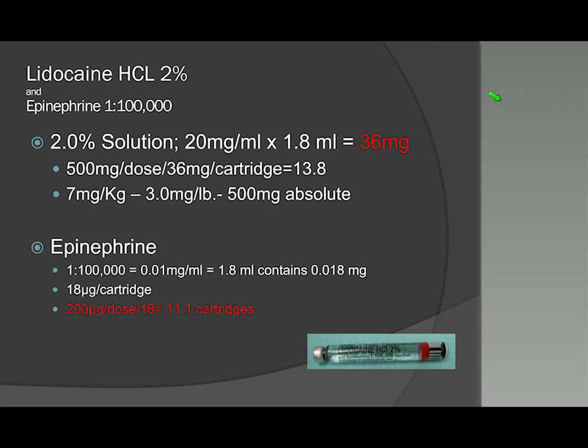And then you look at the maximum recommended dose of 500 milligrams per dose, and if you've got 36 milligrams in the cartridge, 13.8. So you have two components to our lidocaine 2% with 1 to 100,000 concentration of epinephrine. You have a local anesthetic component and the vasoconstrictor component. So they both have maximum recommended dosages, and in this case, epinephrine's the limiting dose.